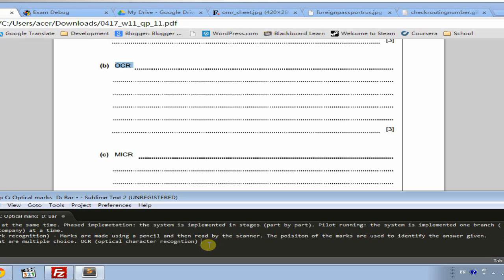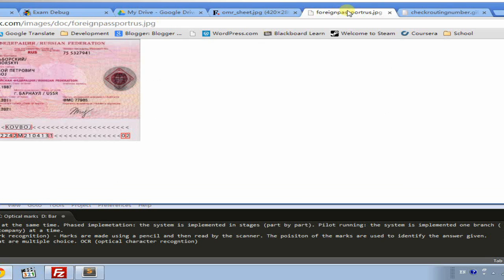The example is going to be a passport. So this scary cat here is a Russian cat. These characters down here are going to be run through a scanner, and the character images are going to be compared with a set on the computer, and it's going to identify what the words and numbers are by using other similar pictures.